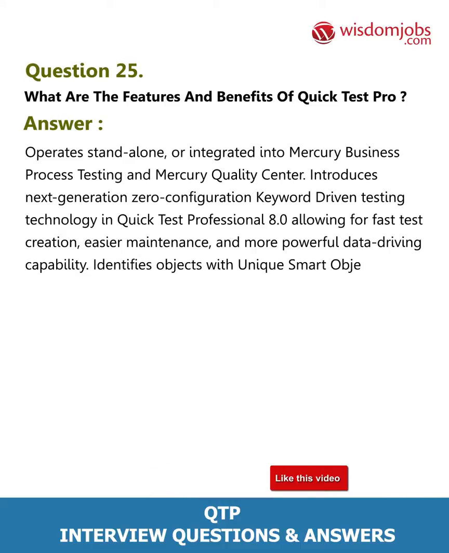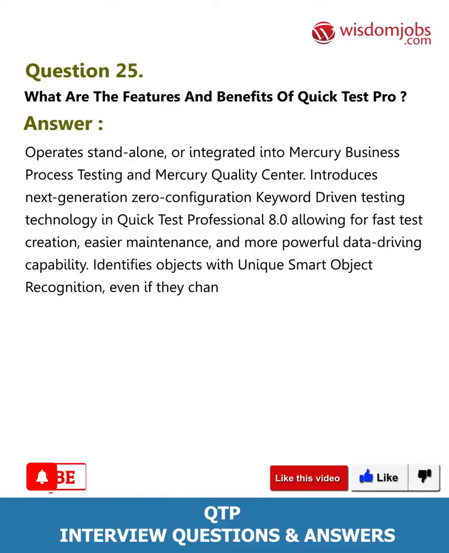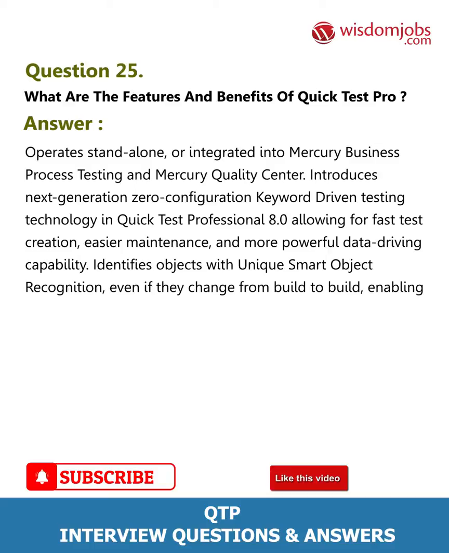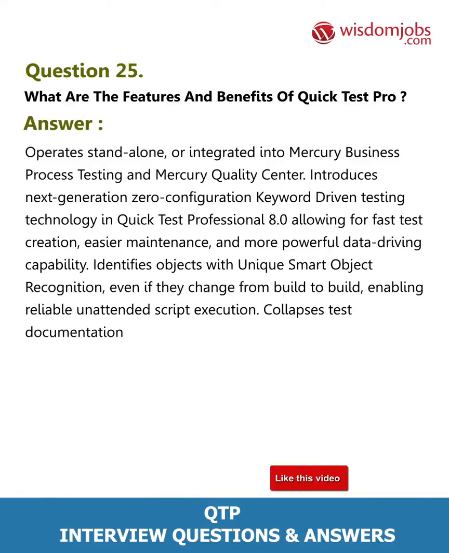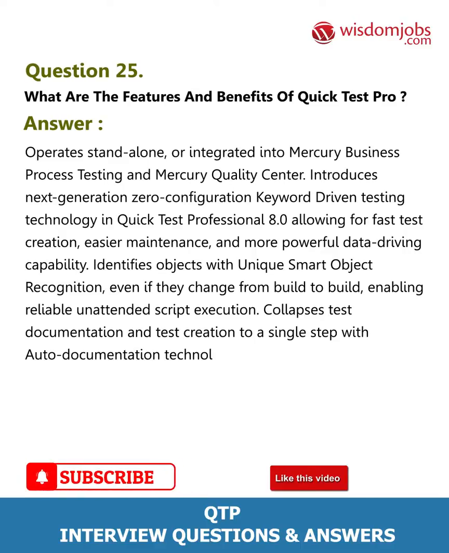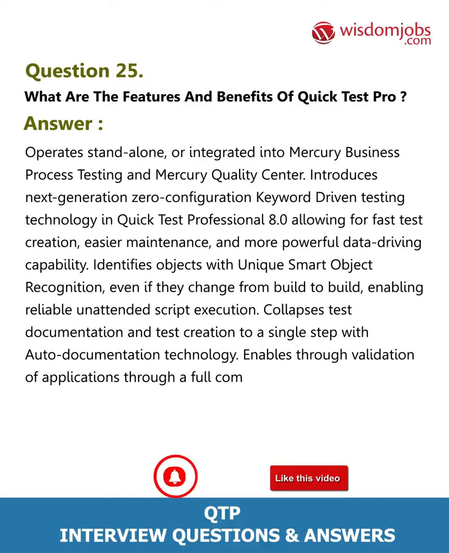It identifies objects with unique SMART object recognition, even if they change from build to build, enabling reliable unattended script execution. It collapses test documentation and test creation to a single step with auto documentation technology. It enables thorough validation of applications through a full complement of checkpoints.